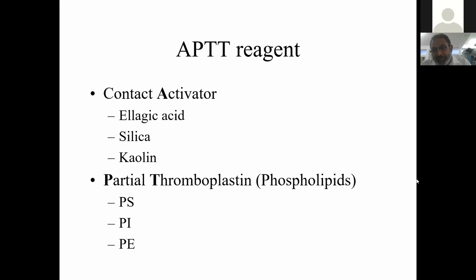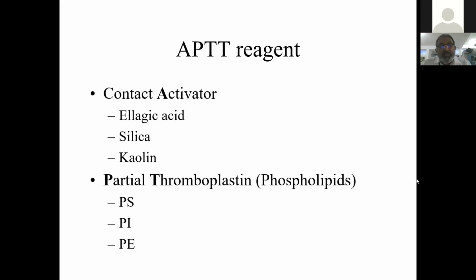The significant part is phosphatidyl serine, because changing the concentration of phosphatidyl serine can make a huge difference between factor sensitivity and lupus sensitivity. So they don't usually change the quantity of phospholipids to make it lupus insensitive. They only change the composition.